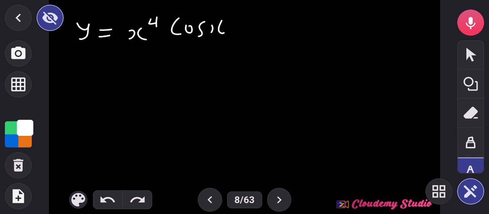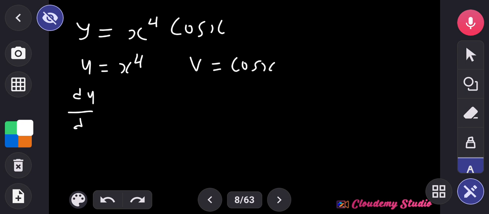We can just say that u equals x to the power 4, and v equals cos x, right? Therefore, du upon dx equals 4x to the power 3. Remember the way we used to do it, the 4 will come to the front and we subtract 1 from it. That is 4x to the power 4 minus 1, and that will give us 4x to the power 3.